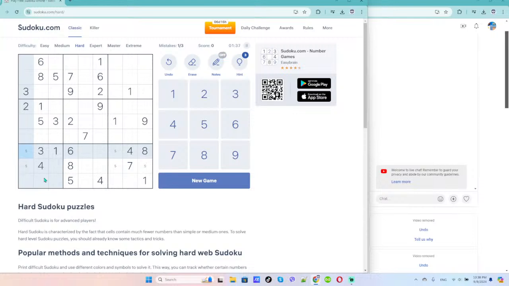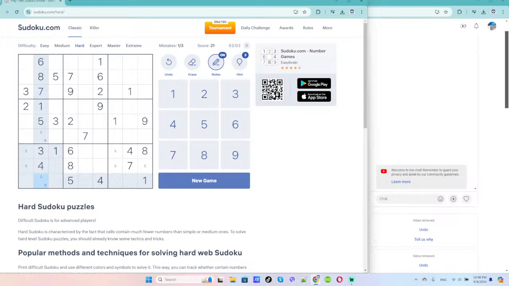Okay, regarding this column, we have three missing numbers. The missing numbers are 2, 7, 9. I see that 9 and 2 already appear here, so 7 is going here, obviously. 2 and 9 are the candidate numbers of these two cells. What else do we know?